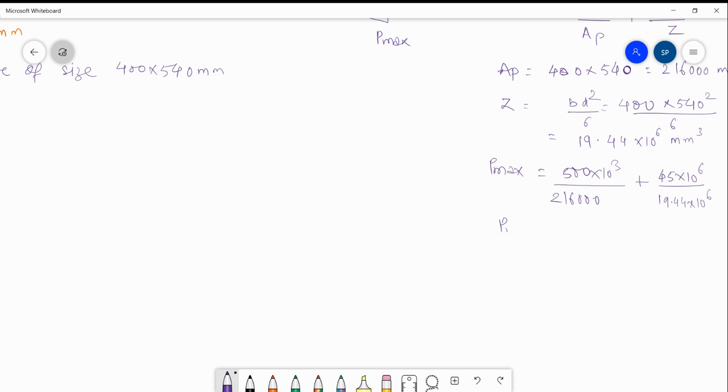So this P max value comes out to be 4.62 Newton per mm square.